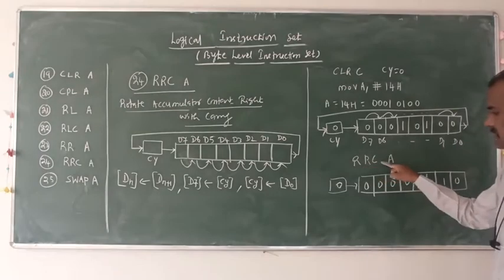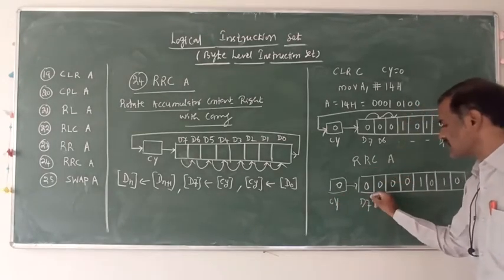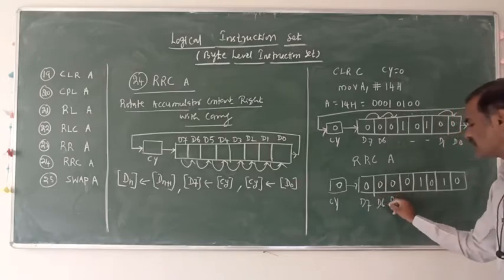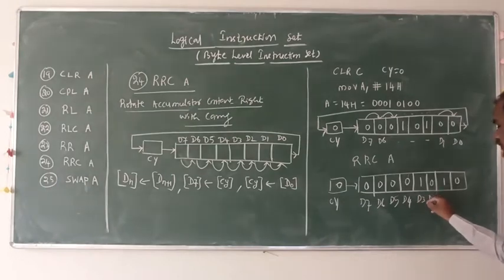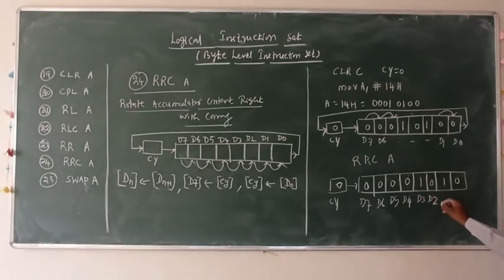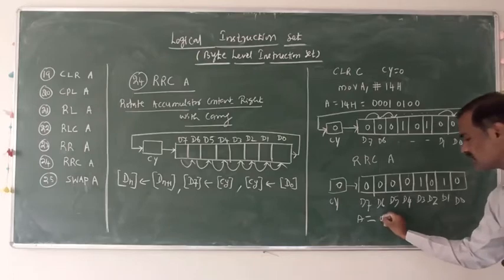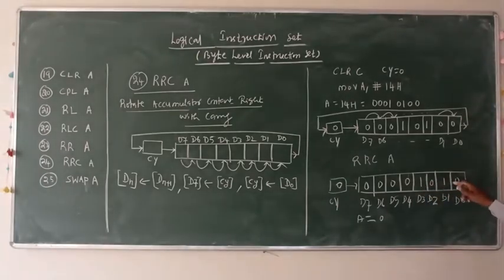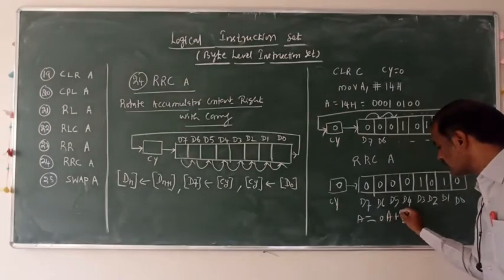Okay, after RRCA, now the carry 0 and D7 bit 0, D6 0, D5 0, D4 0, D3 1, D2 0, D1 1 and D0 0. Now what is the result in accumulator? 0 0 0 0 and 1 0 1 0, which means 10 in decimal and the corresponding hexadecimal value AH.